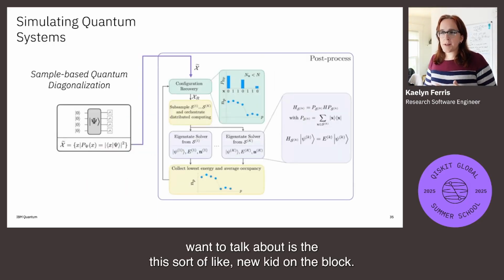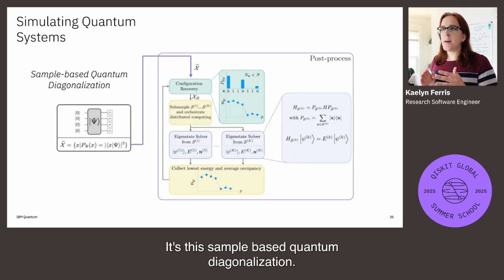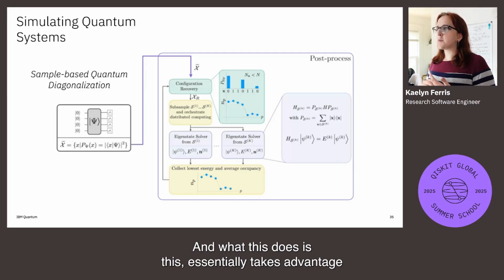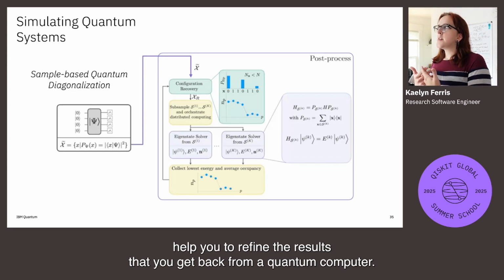The next one I want to talk about is this new kid on the block, sample-based quantum diagonalization. What this does is essentially take advantage of the symmetries of a particular problem to help you refine the results that you get back from a quantum computer.